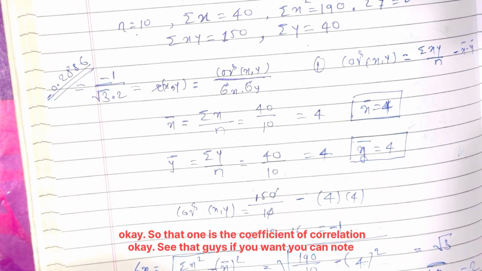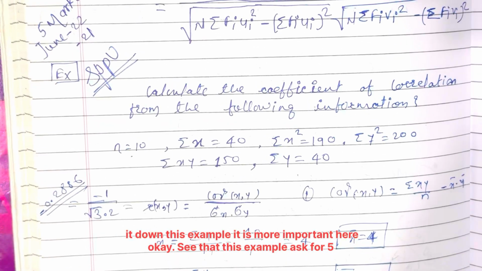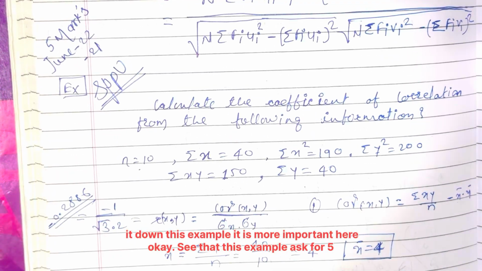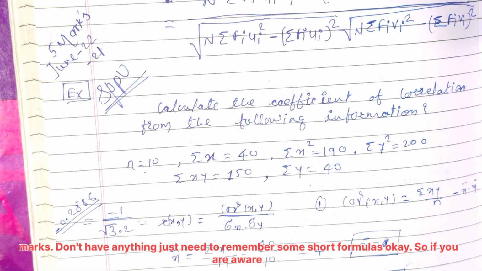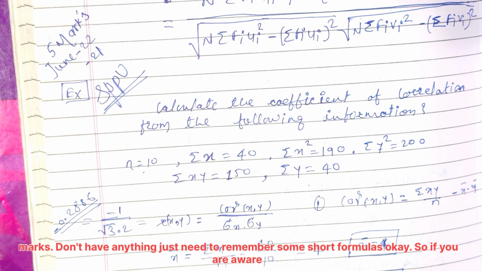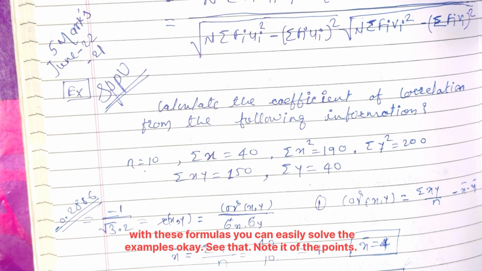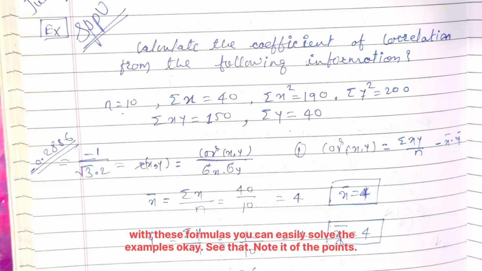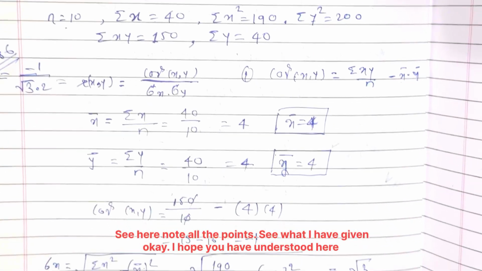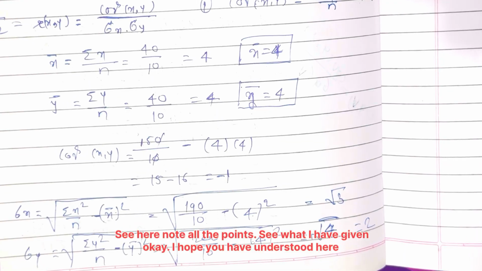If you want, you can note down this example, it is important. This example asks for 5 marks, you just need to remember some short formulas. If you are aware of these formulas, you can easily solve the examples. Note down the points I have given.